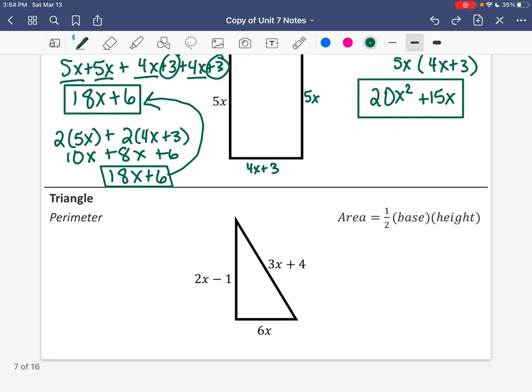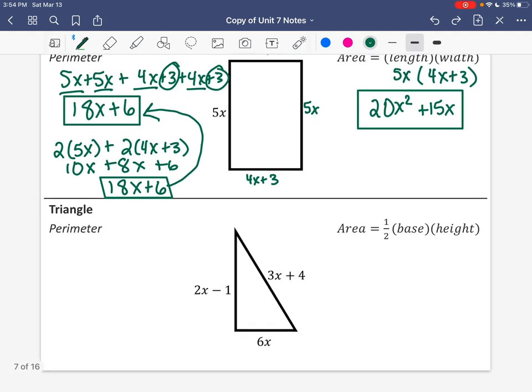All right, for a triangle, now this one you do have to just add up all the sides for a perimeter because they're all different. I would just start with one of the sides and write it down, and then go to the next side and line it up and write it down underneath it, and then the next one, and then just add all those sides up.